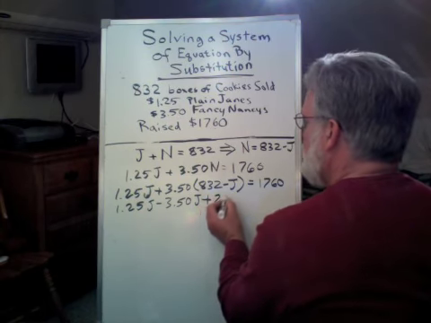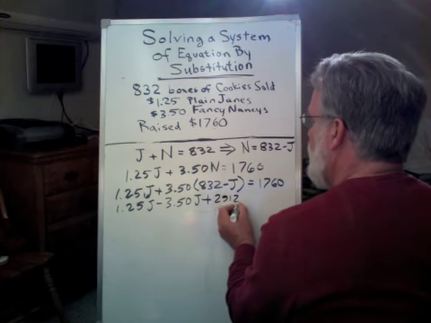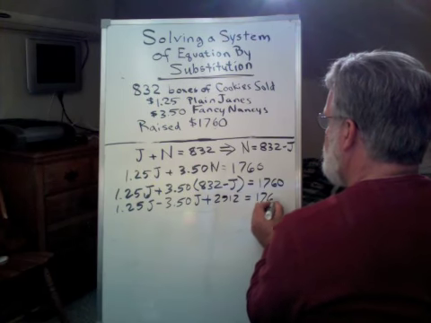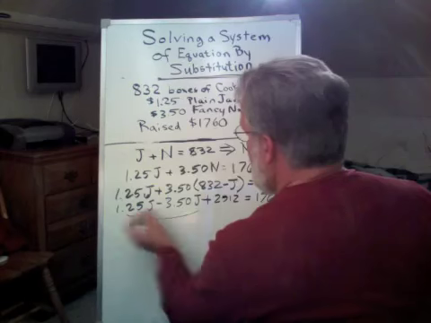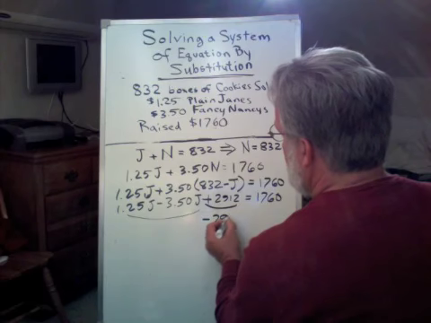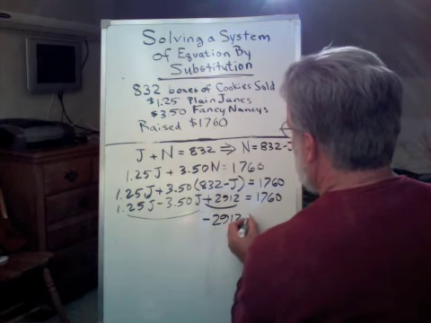So 2,912, and that total there equals 1,760. Well, I combine these two and I subtract this one. So I subtract 2,912 from both sides.